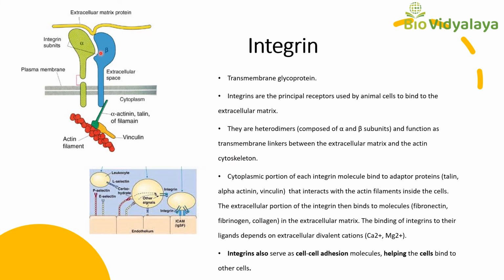Here you can see the heterodimer, composed of alpha and beta subunits, interacting with extracellular matrix proteins like collagen, fibrinogen, fibronectin, etc.